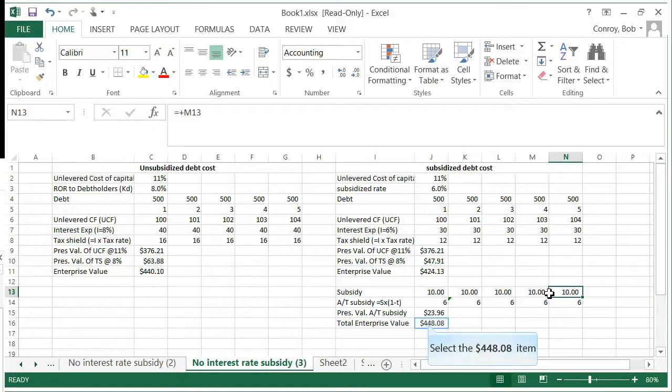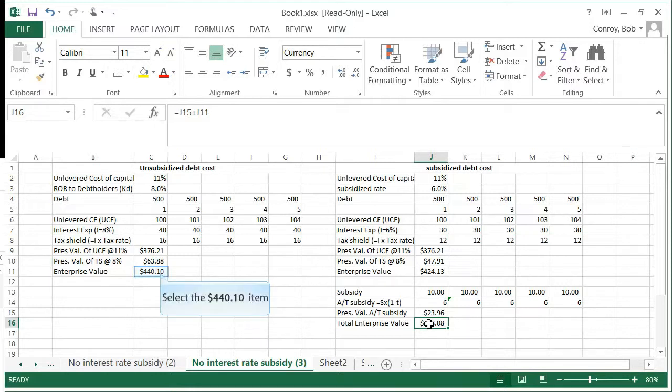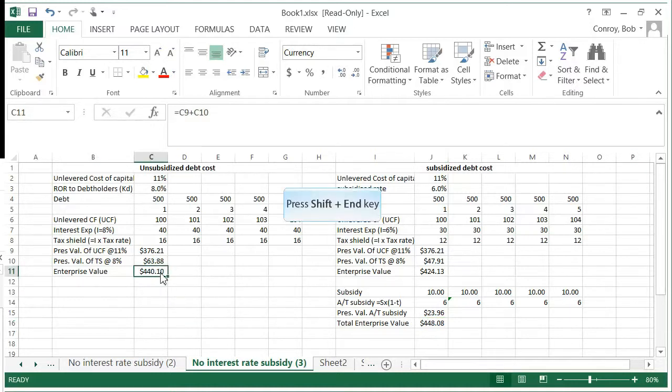If we're talking about the enterprise value, we'd have to also incorporate the value of the subsidy, which is the saving of 10 in interest every period, and the after-tax subsidy winds up being that. And so we wind up with a total value of 448 versus a value if the firm was unsubsidized at 440. This should make more sense to you, and the fact that a subsidy has some value.